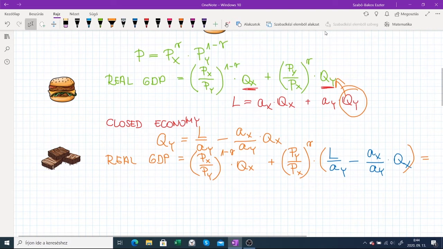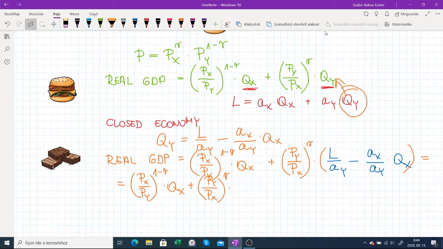Of course, we can simplify this expression. (Px over Py) raised to power of 1 minus gamma times Qx plus (Py over Px) raised to power of gamma times the expression in the parentheses, L over Ay minus Ax over Ay multiplied by the Qx.